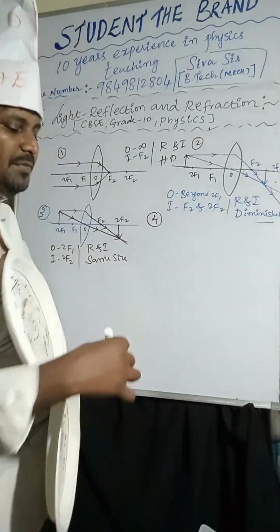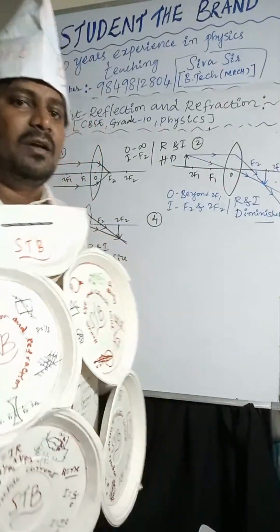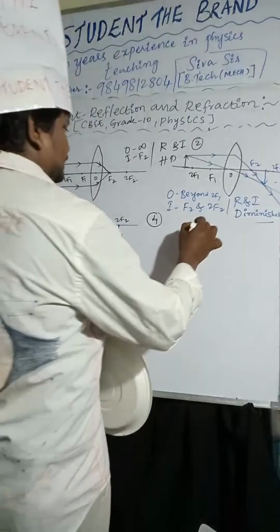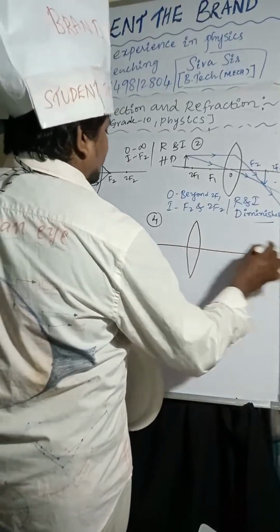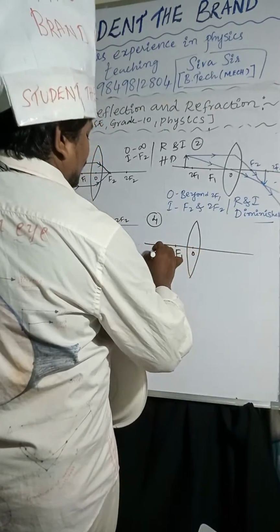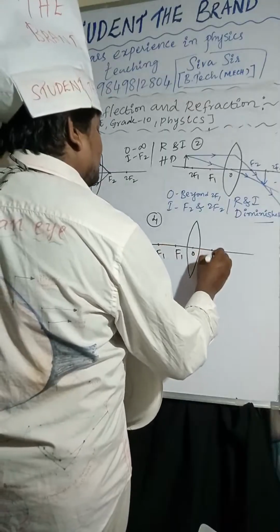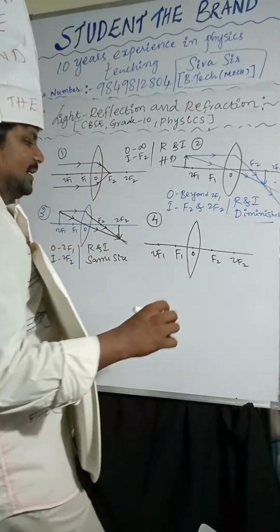The object is placed between 2F1 and F1. Now you can see this is the optic center, F1, 2F1, F2, 2F2.